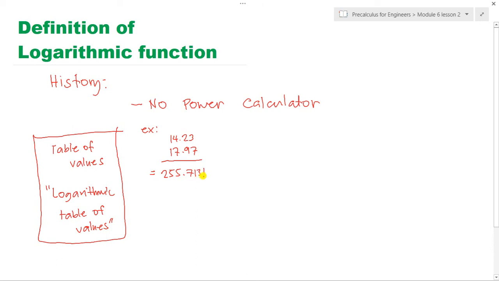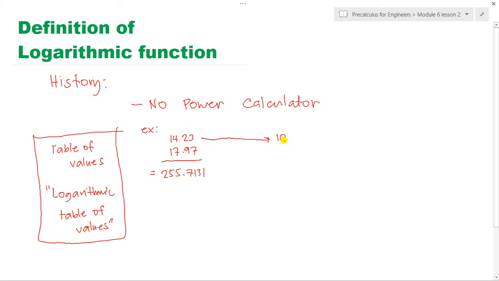Now, what they did, they used this logarithmic table of values. Each real number, like 14.23, they represent in an exponential form. Every number can be written as a power of 10. They only used base 10, or you can have base e, the natural number, remember, or you can also use the number 2 or 3 or 4.